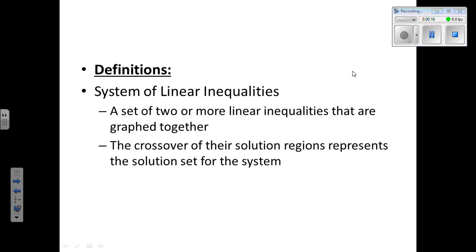Definition: system of linear inequalities. This means a set of two or more linear inequalities that are graphed together. So the crossover of the solution regions represents the solution set for the system.